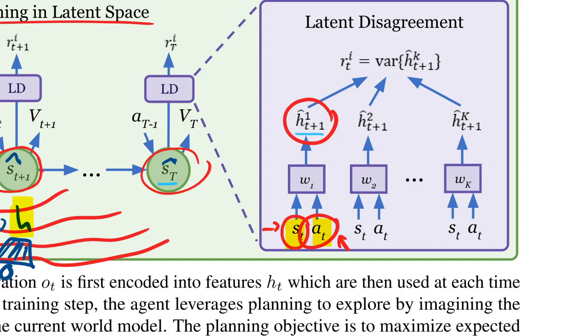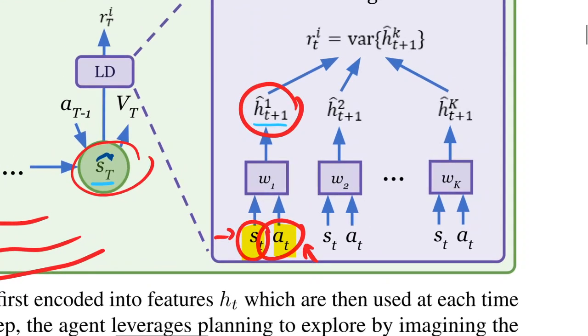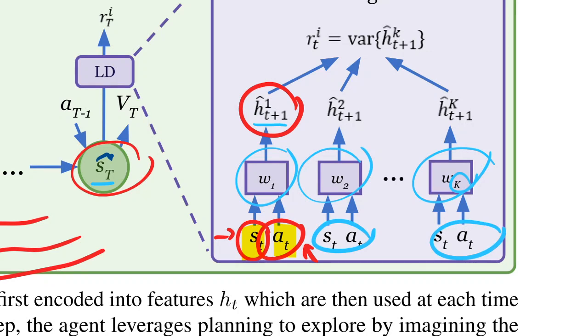And therefore, what you need to do is predict the latent features of the observation. That works much better. So they have a bunch of models with different parameterizations. They instantiate k different models of that, and they all run the same inputs through these different models.